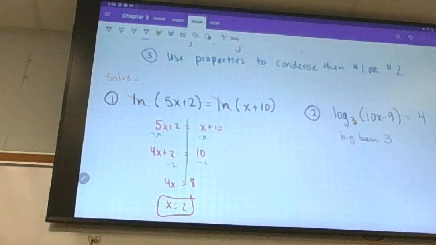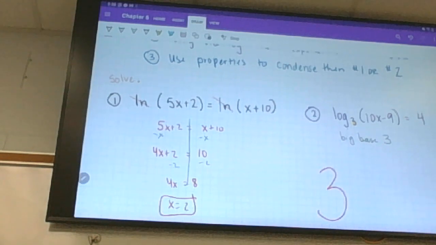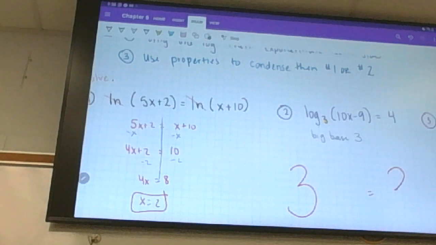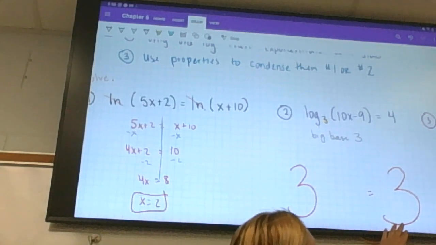If I take this, I got a humongous 3. Humongous 3.